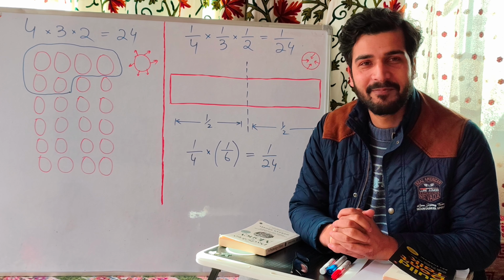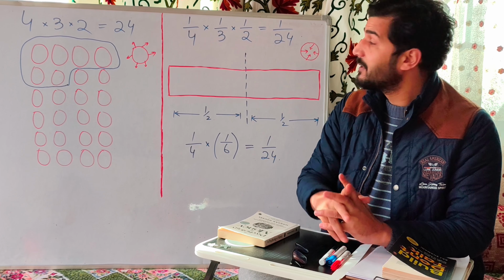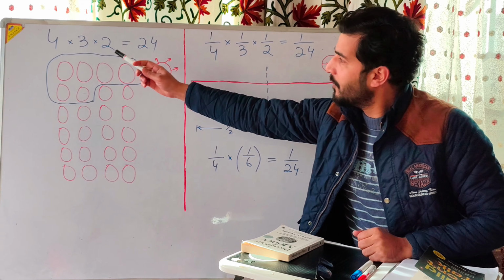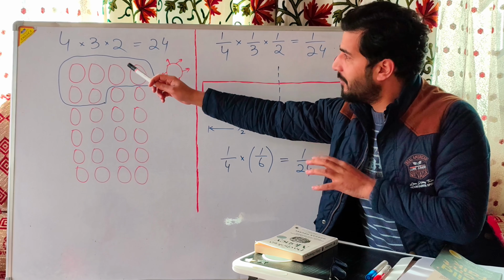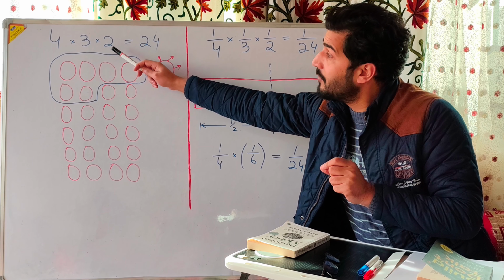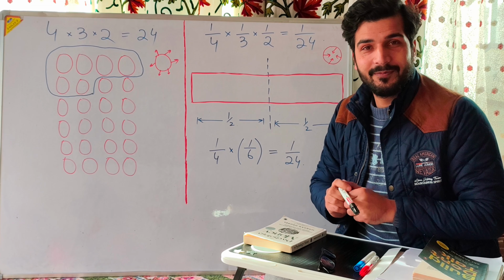So be with me. Firstly, we will simply multiply the whole numbers. Whenever we multiply 4 by 3 by 2, we get 24.